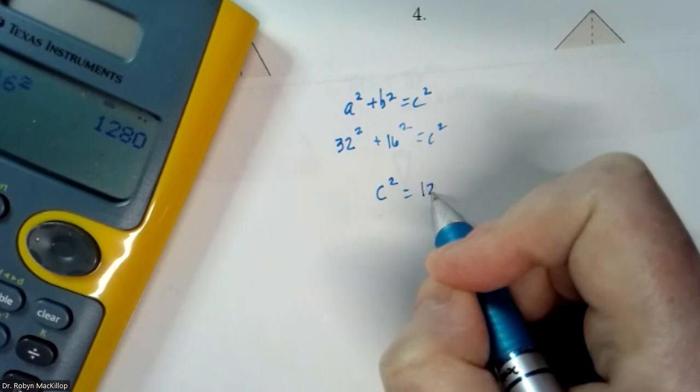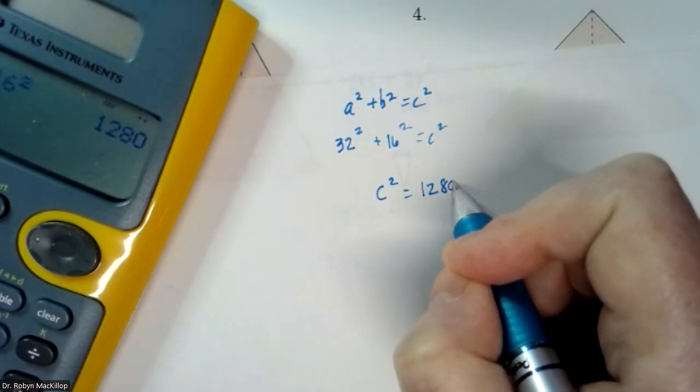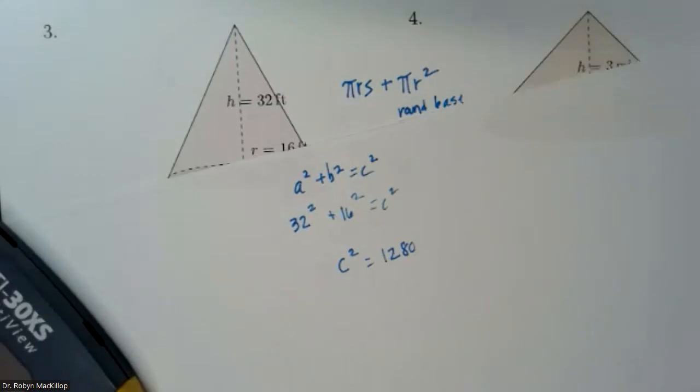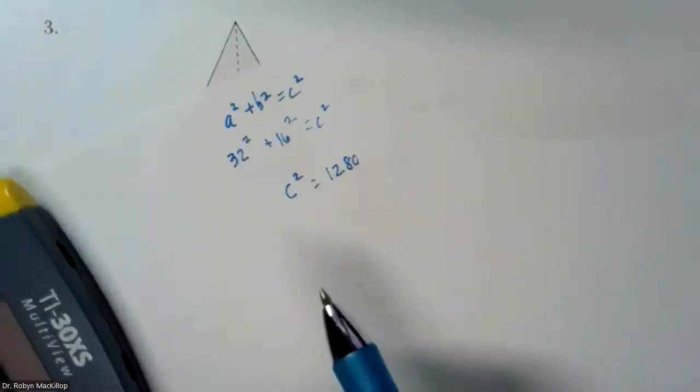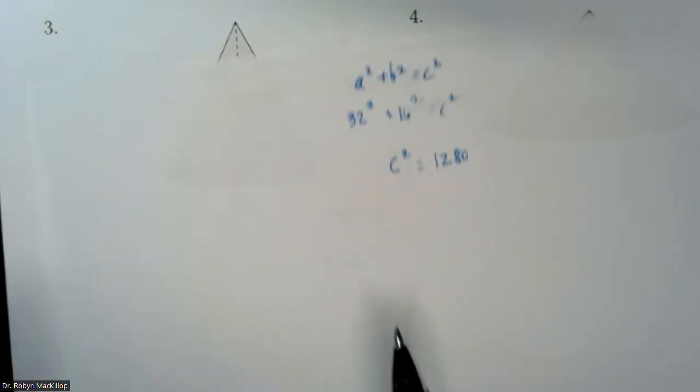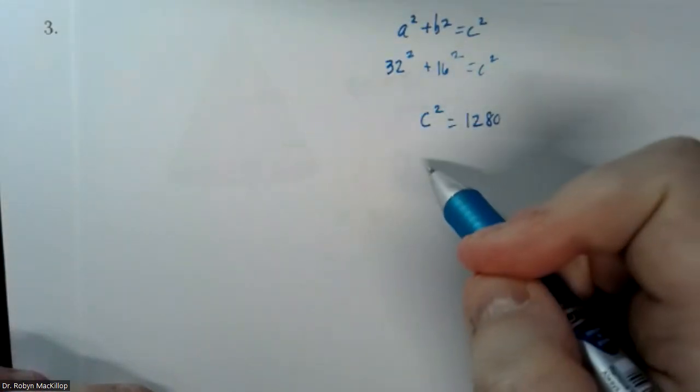So our C squared is 1280. We know we're not done, right? Because if we look at this triangle, 32, 16, and 1280, that doesn't even work. But what we have to do is find the square root of 1280.